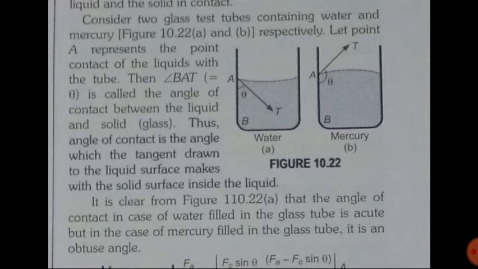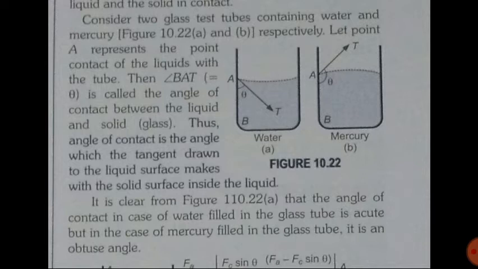If we pour liquid inside a glass container and then empty the container, we can see that some drops of water stick on the walls of the container. That is because of the adhesive force only. When the angle of contact is less than 90 degrees, we have to understand that adhesive force is more than cohesive force.